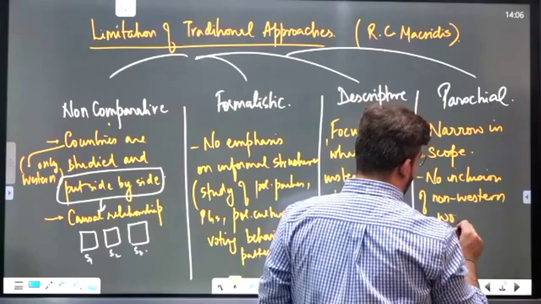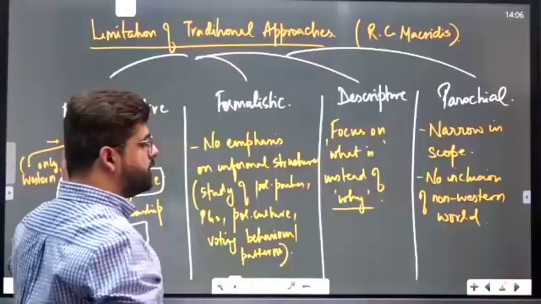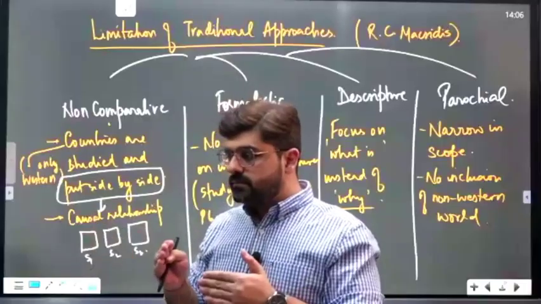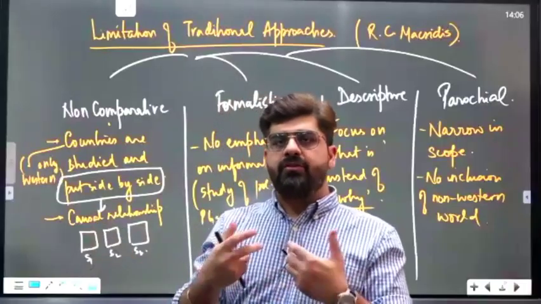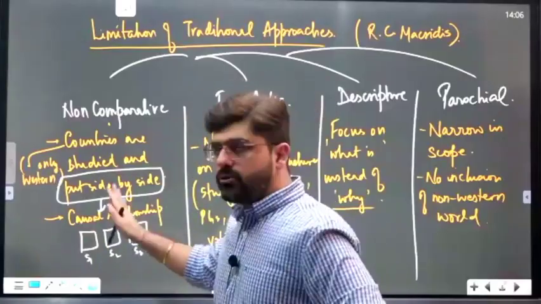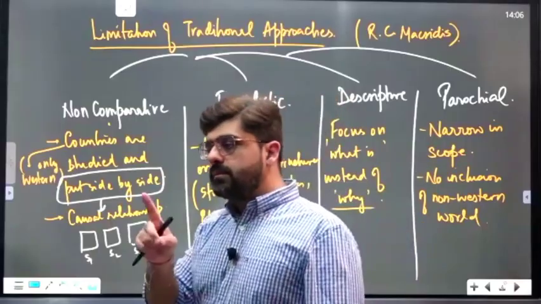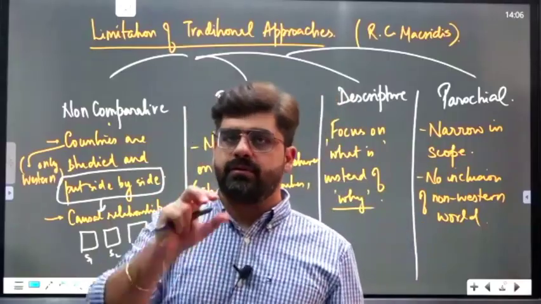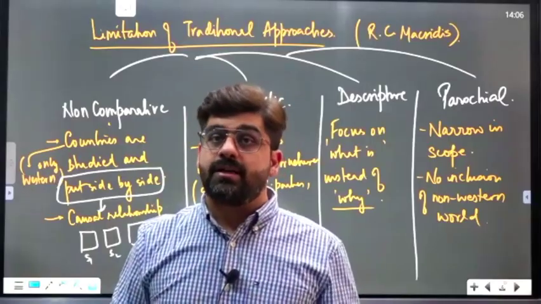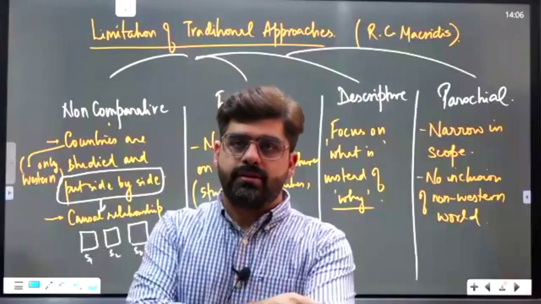Now the difference between parochial and non-comparative is, here whatever is being compared, it is actually not being compared, it is just being studied and put side by side. So not truly comparative. Here another element is being said, that your comparisons are only of the Western world. Your comparisons do not include the non-Western world. So that is why your entire study is narrow in scope, parochial in scope.